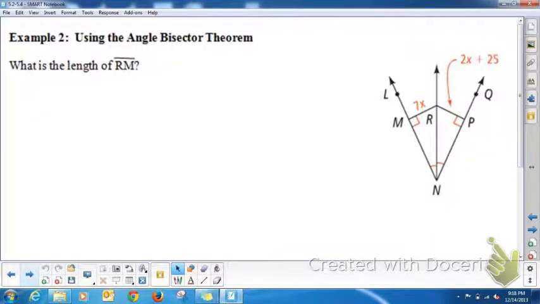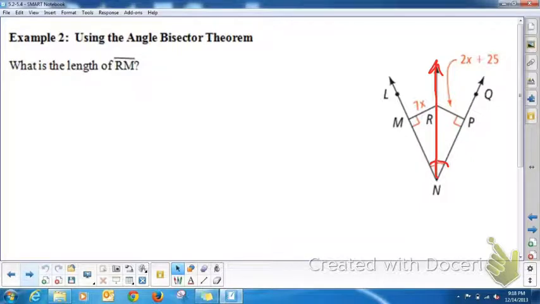So let's use the angle bisector theorem. It's confusing until you use it. So what's the length of RM? Well, we know that NR is the angle bisector of this angle LNQ.